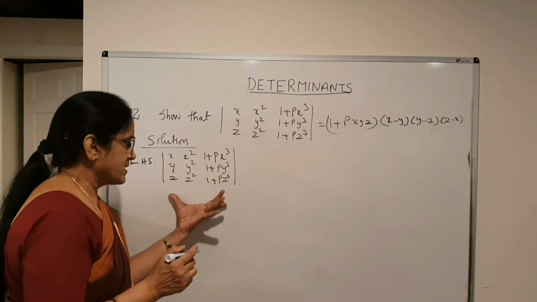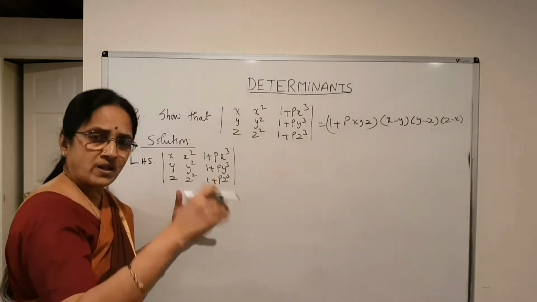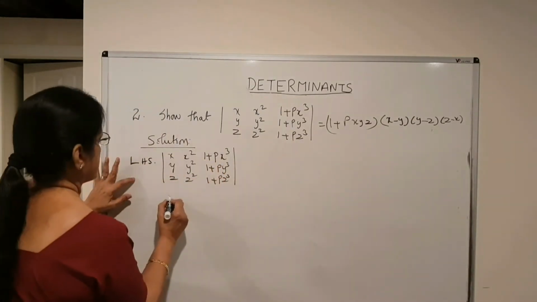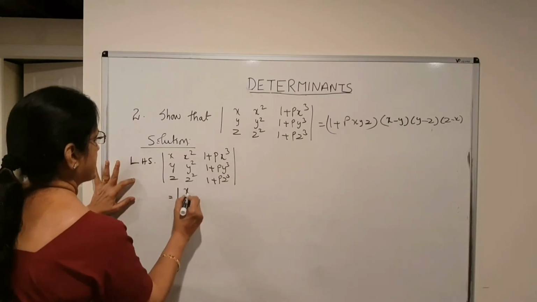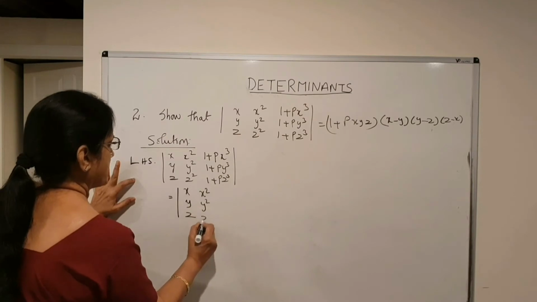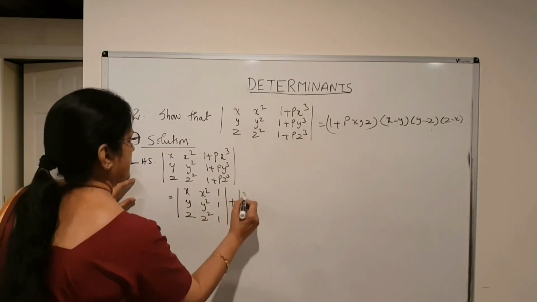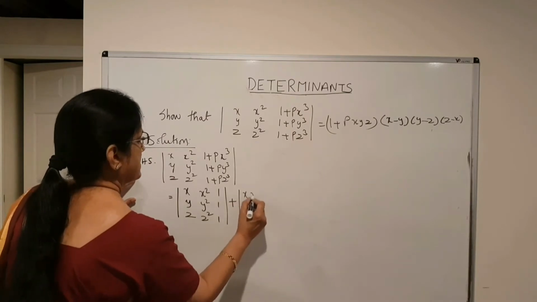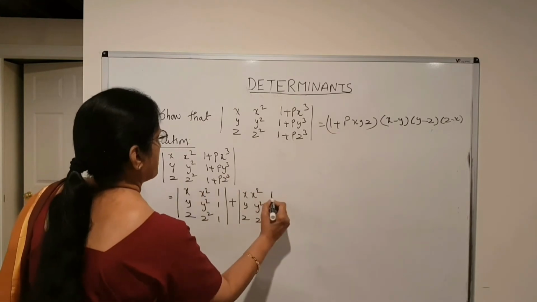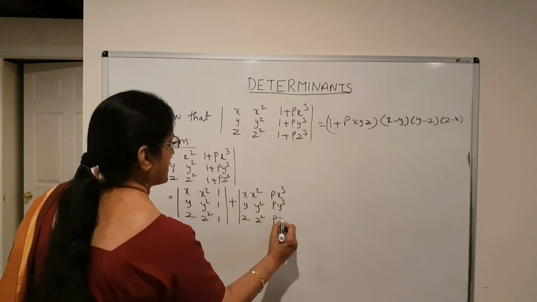So, this particular determinant can be written as sum of two determinants as per one of the properties of the determinants. Which is equal to x, y, z, x square, y square, z square, 1, 1, 1 plus x, y, z, x square, y square, z square, then px cube, py cube, pz cube.